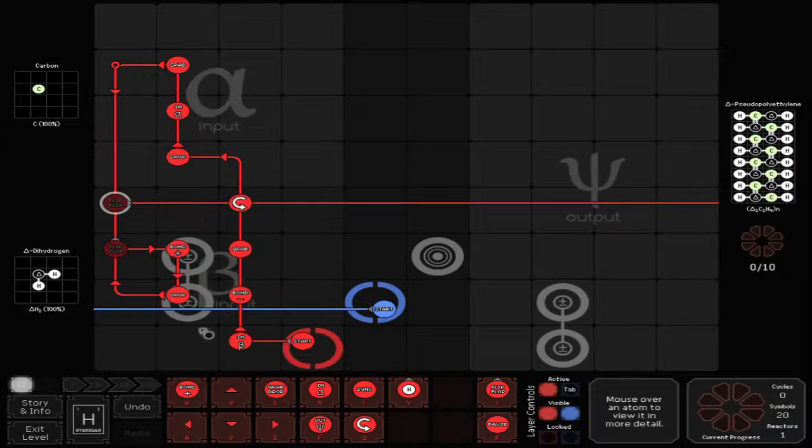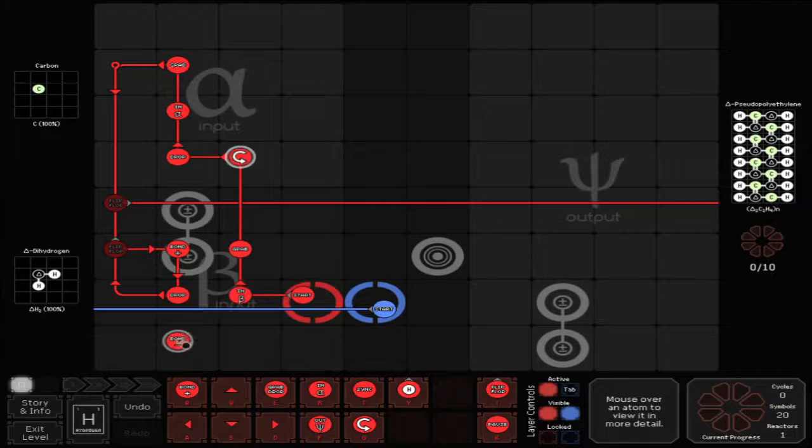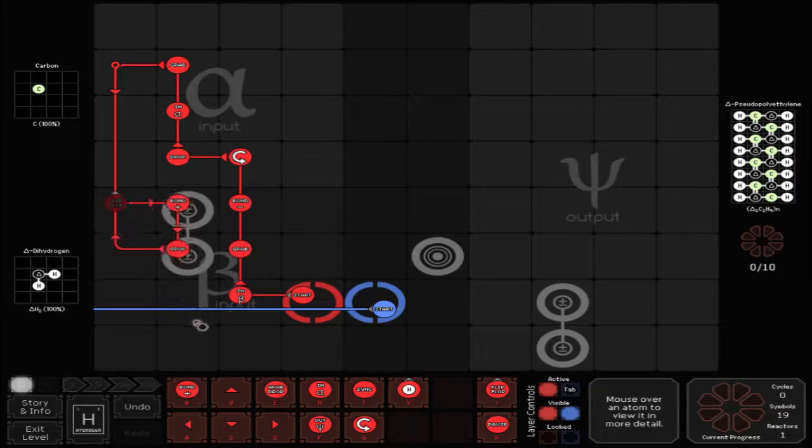Well, let's see. I need more vertical room, so the obvious answer would be to pull the bonders up. As a result, I now have to move the whole molecule up. Which means I now need to pull this up.